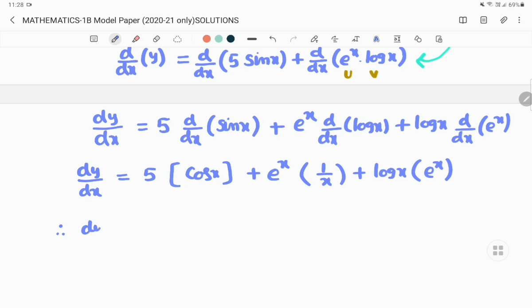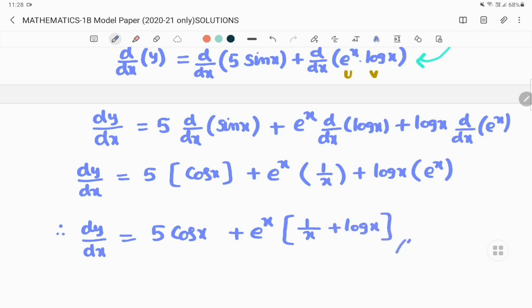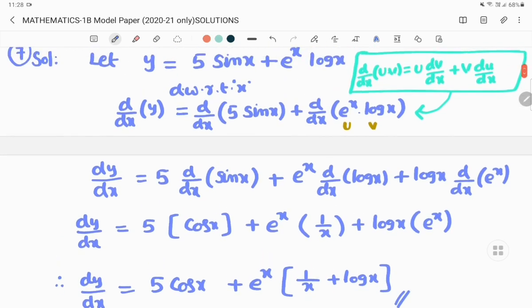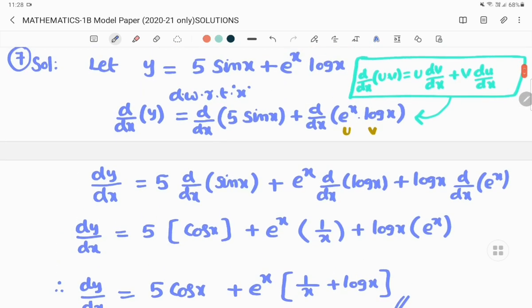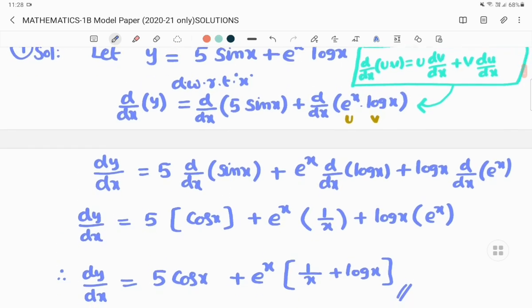Therefore dy by dx equals 5 cos x plus e power x into 1 by x plus log x. This is the way you have to do, dear students. Step by step I explained. We will move to the next question.